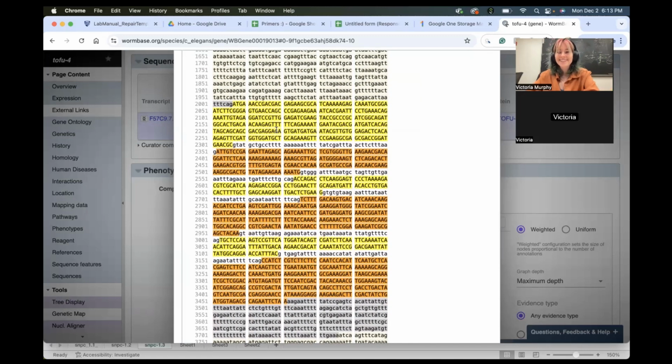If someone were to give you a sequence of a gene, just like this, and ask you where the start and stop codons are, the capital letters are always the coding sequences. So you know that the start codon of this gene will always be those first three nucleotides that are capitalized.